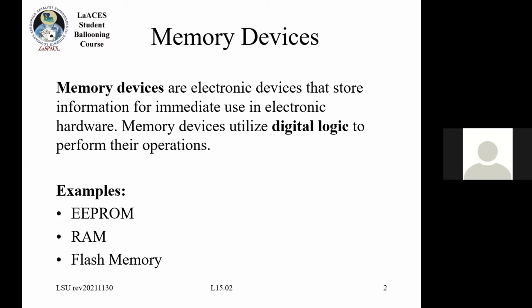So in memory devices, and we've been using the term memory and some of these other terms as we've been talking about the Arduino, we just mean some sort of electronic circuit that can store information in hardware. They're all going to use some kind of digital logic to do different types of operations, right?